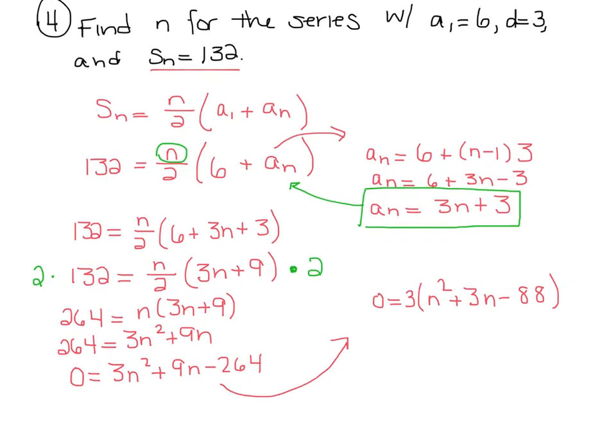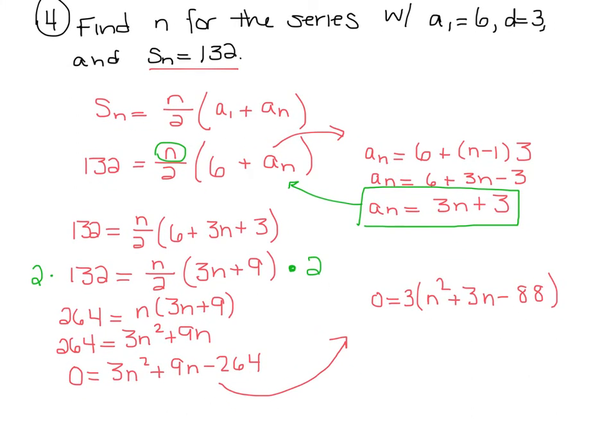Factoring into 0 equals 3 times the quantity of n plus 11 times n minus 8, giving us the final result of negative 11, or n equals 8. And from here we can say that the number of terms, so n is 8.